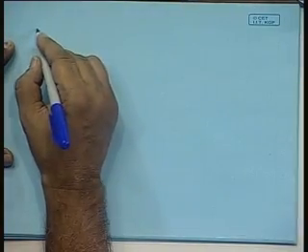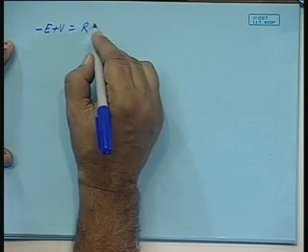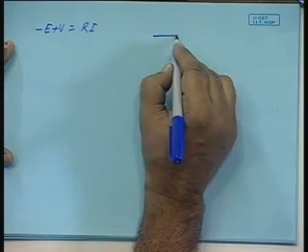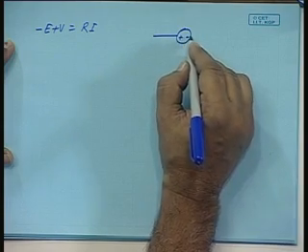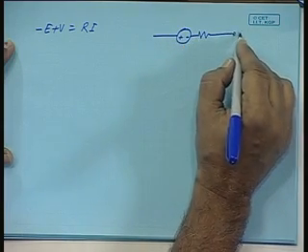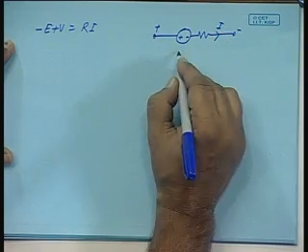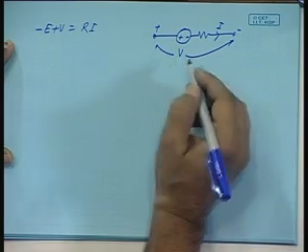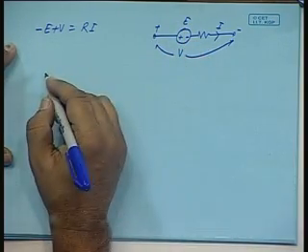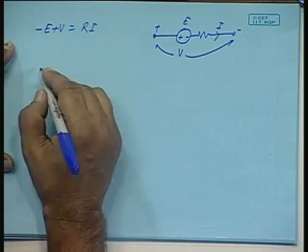If E is connected in the opposite direction, then it will be minus E plus V is equal to Ri. If E is connected like this, so, we get minus E plus V equal to Ri.